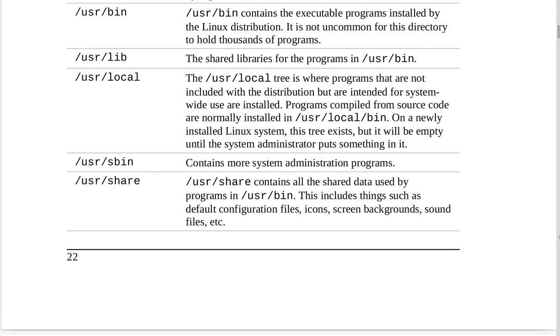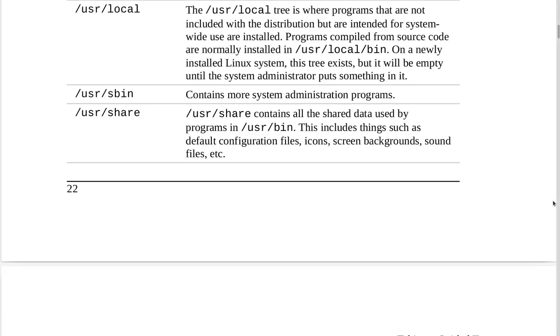On a newly installed Linux system, this tree exists, but it will be empty until the system administrator puts something in it. That was /usr/local/bin. All right, /usr/sbin contains more system administration programs.